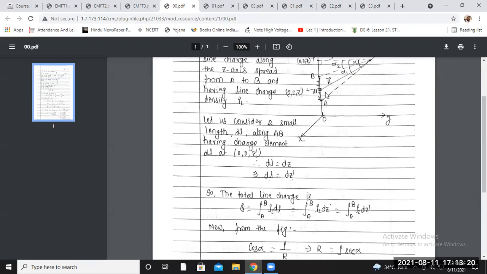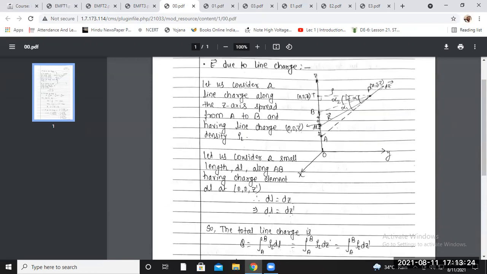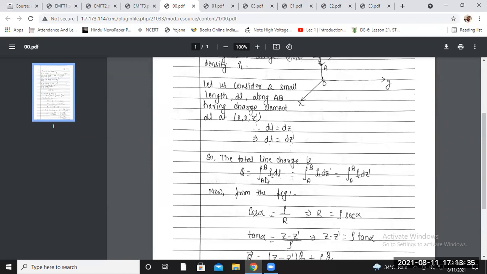The lower limit is A, which means length varies from A to B, or you can say the angle varies from alpha 1 to alpha 2, as point A makes an angle alpha 1 with the perpendicular and point B makes an angle alpha 2 with the perpendicular. So we can write A to B line length rho L dl, and this dl is represented in terms of dz dash.